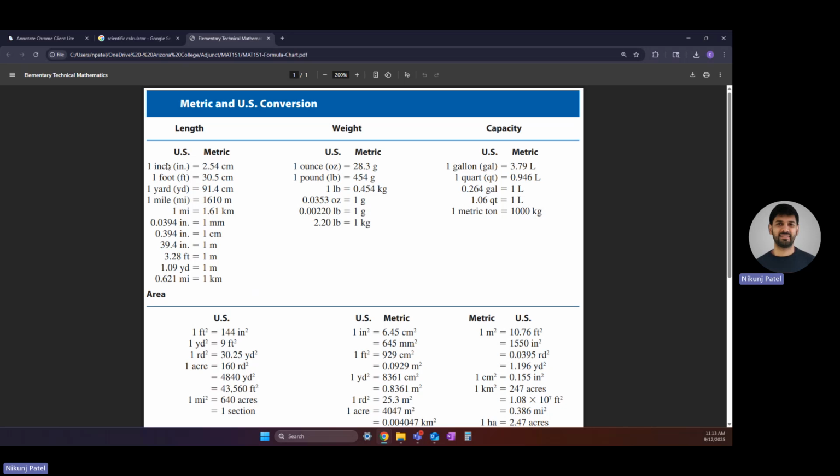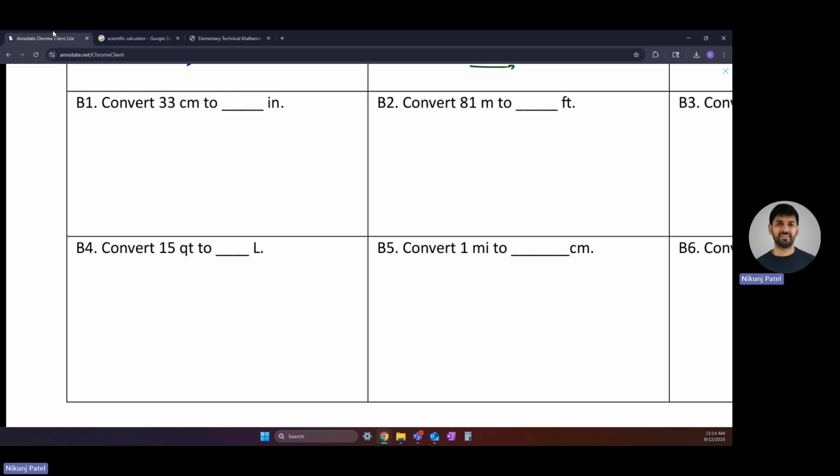We can use that. We could also use this other one down here that has inches equals centimeters. It doesn't matter which one. Usually this first one is used. 1 inch is equal to 2.54 centimeters. So in B1, I'm going to write that 1 inch is equal to 2.54 centimeters.